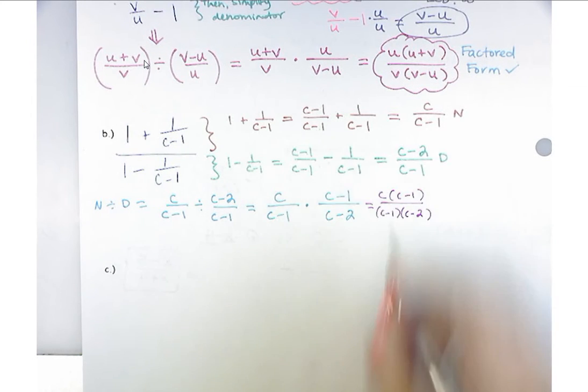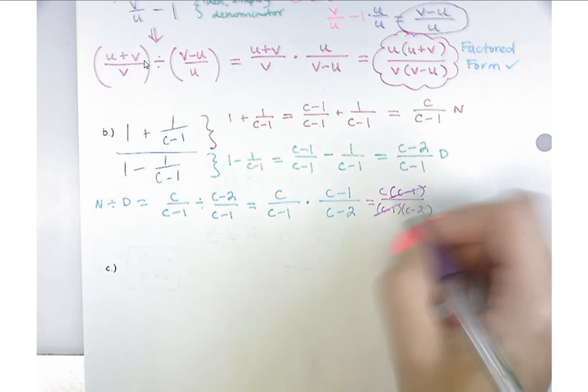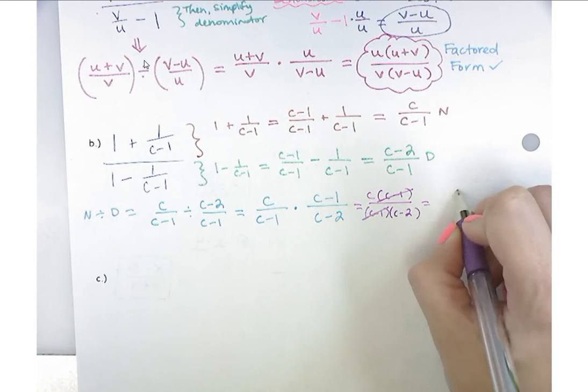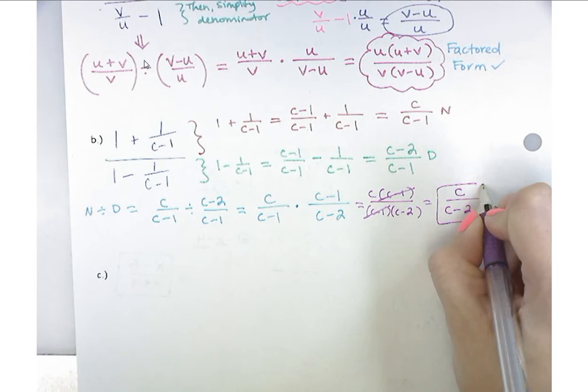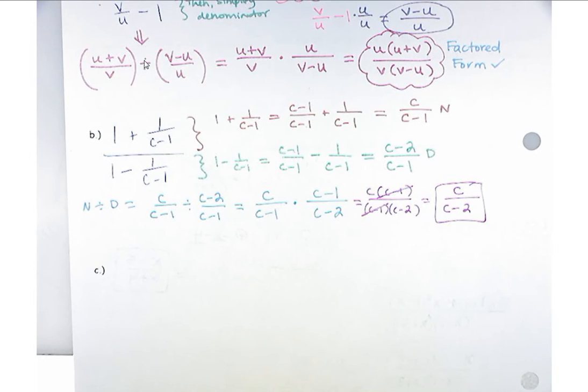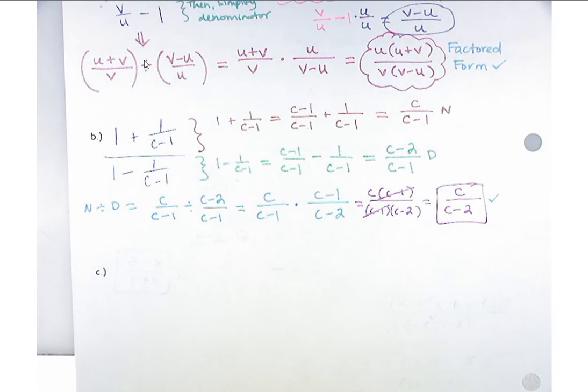Okay, so the c minus 1 divided by c minus 1 is going to cancel out. So then you'd be left with c on top, c minus 2 on the bottom. Okay, and that is in factored form. No common factors, no special patterns, no trinomials to guess and check.